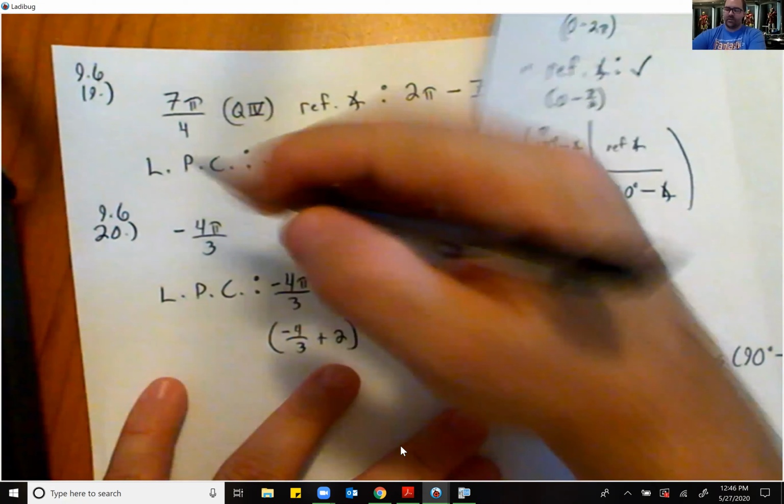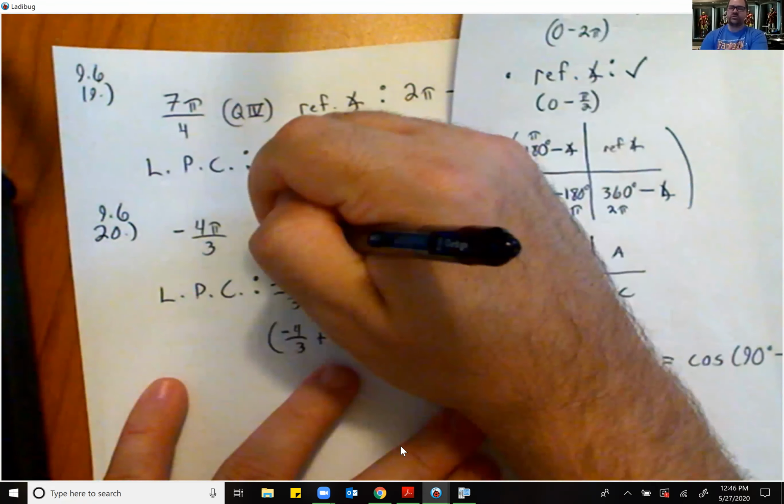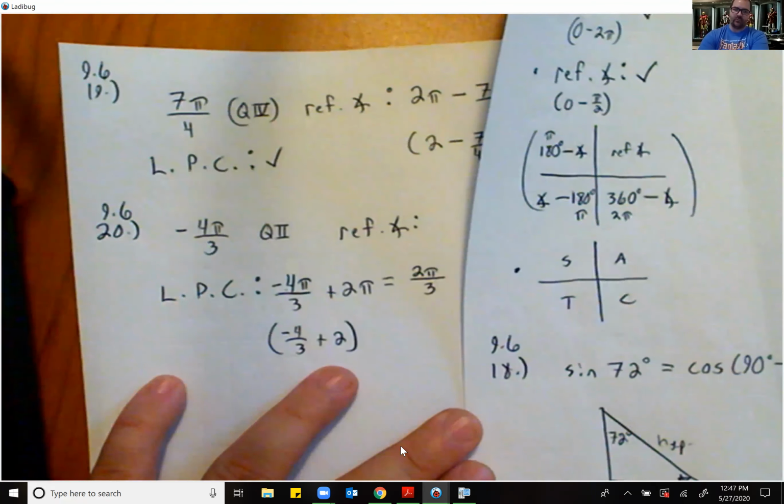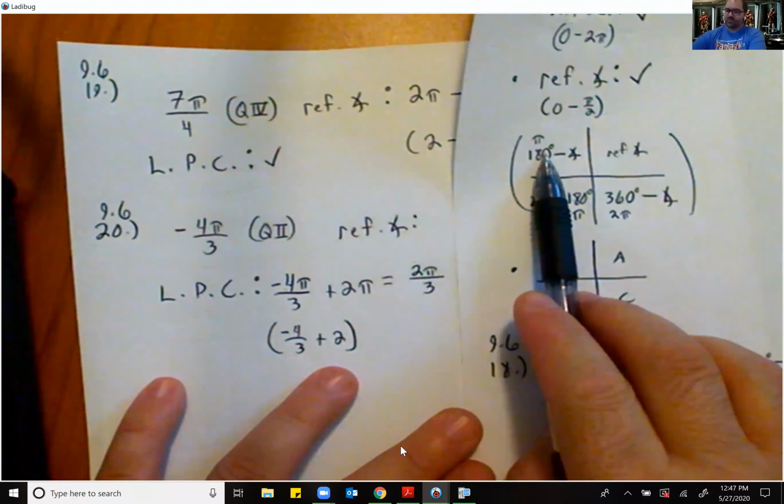Okay? Again, if you don't like looking at these in radians, change it to degrees. Okay? But in the end of this, you will have to turn it back into radians because the answer is a reference angle in radians. So now that we know that we're in quadrant 2, to get the answer, all we're going to do is take pi minus that angle.